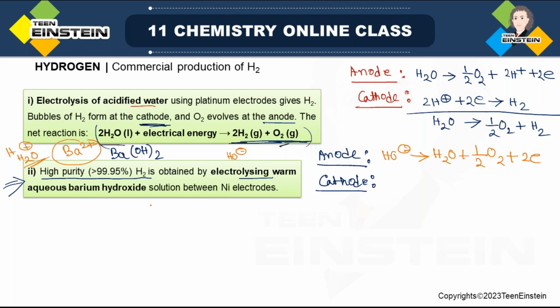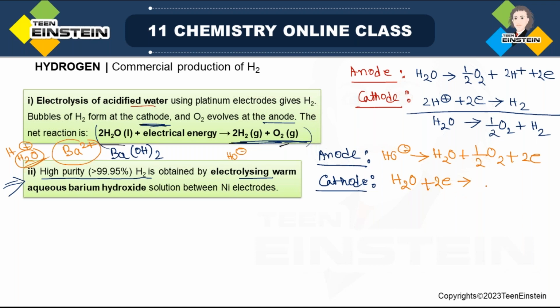So between barium 2 plus and H2O, H2O has more tendency to accept electron. So that is why here I will write H2O, and this H2O will accept electron. It is not barium 2 plus which will accept electron.